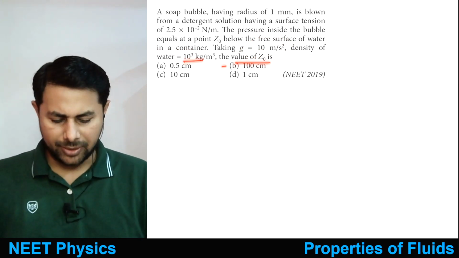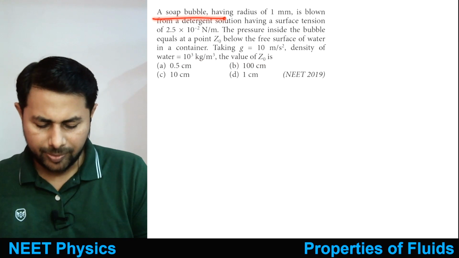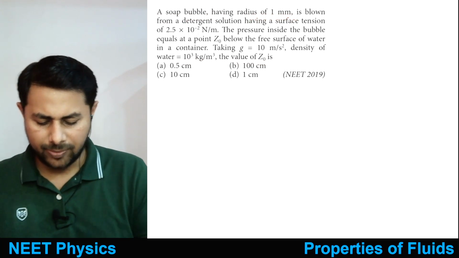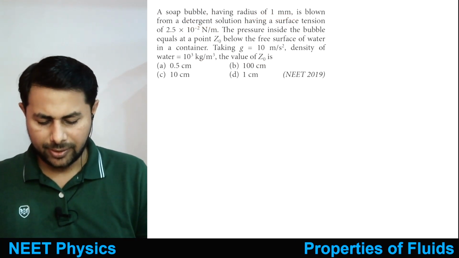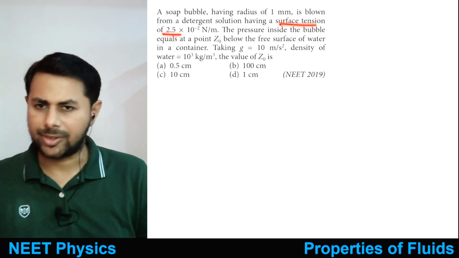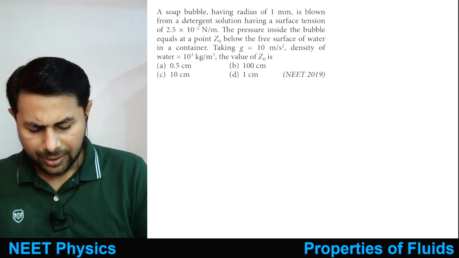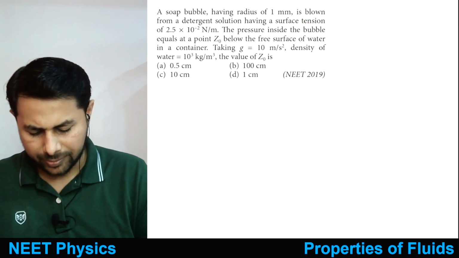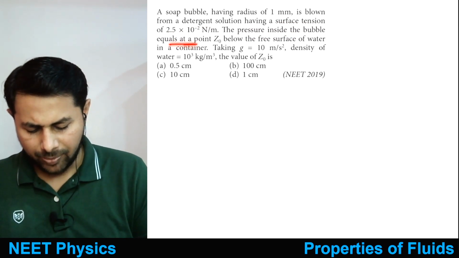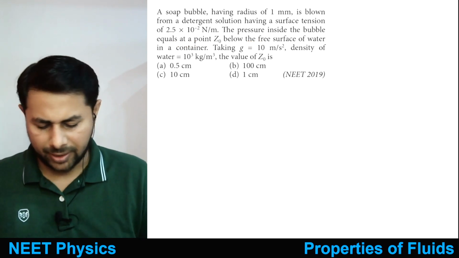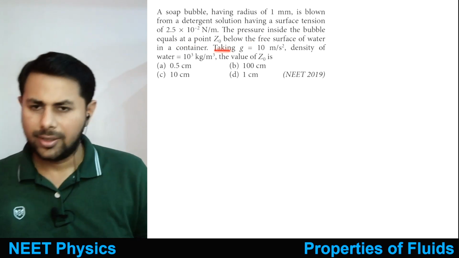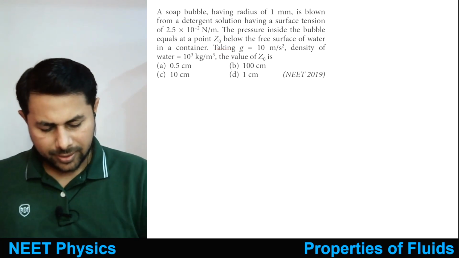The volume of Z naught is, okay, a soap bubble having radius of 1 mm is blown from a detergent solution having surface tension of this much, right? The pressure inside the bubble equals the pressure at a point Z naught below the free surface of water in a container. Okay, so now these are two different things.